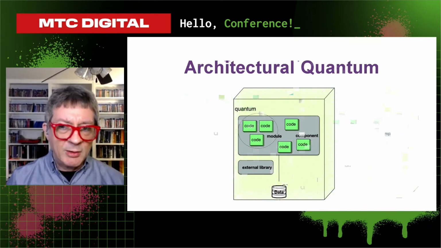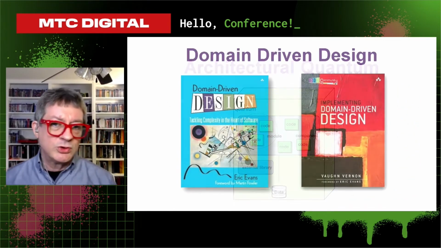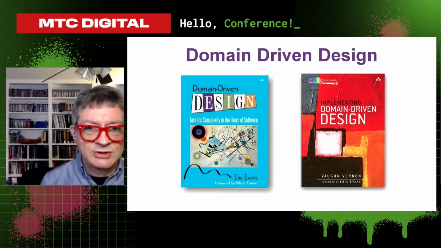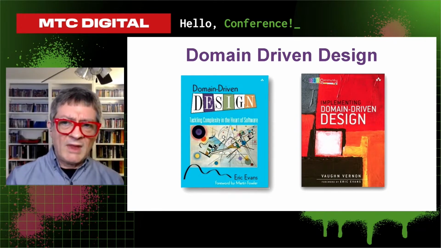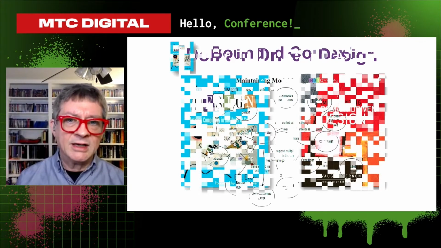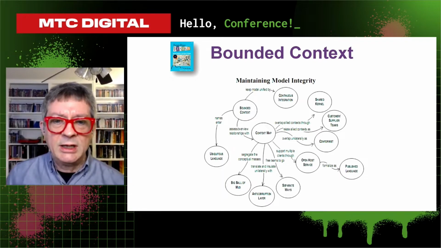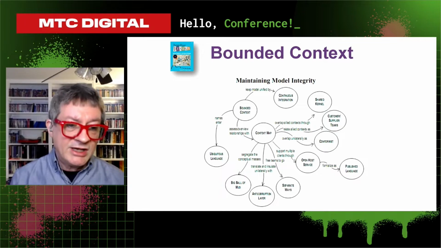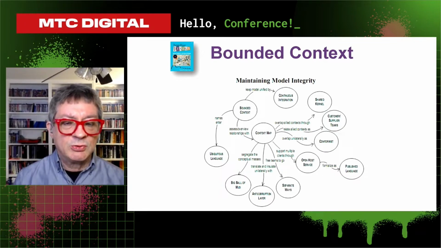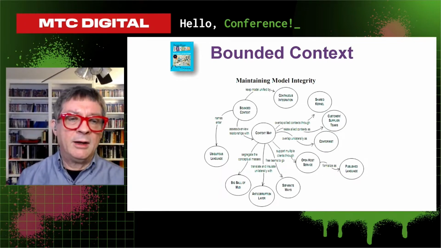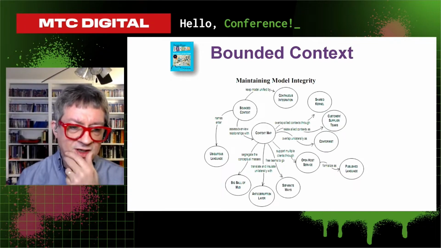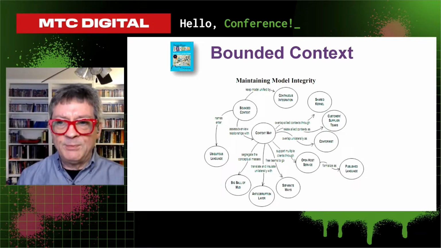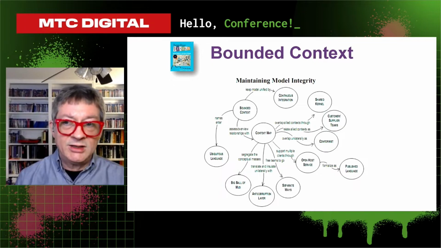This is very much inspired by domain-driven design, which of course was the inspiration for microservices. And in particular, this idea of a bounded context from domain-driven design. Bounded context is, of course, the underlying philosophy of microservices, but it's a really useful way of thinking about reuse and coupling in architecture. And we wanted the architectural equivalent of a bounded context.